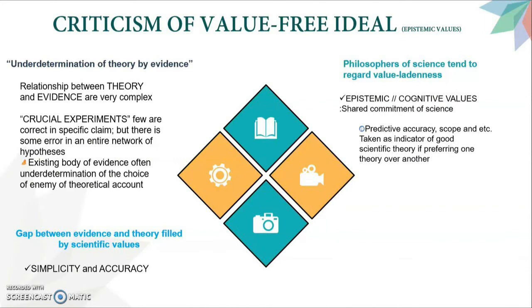The third criticism of value-free ideas is that philosophers of science tend to regard value-ladenness in this sense as kind. The epistemic values, which are the shared commitments of science, such as predictive accuracy, scope, and so on, are taken as indicators of a good scientific theory when preferring one theory over another.